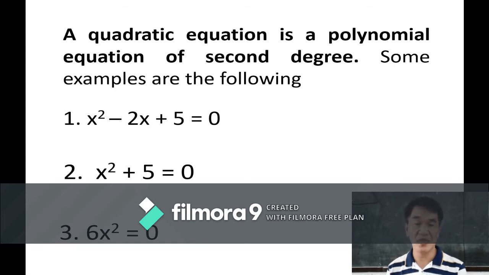So in other words, when you say quadratic equation, it's not necessarily a complete number of terms. It can be 1 term only, 2 terms, 3 terms, for as long as there is the exponent 2, the highest exponent, then that qualifies to be a quadratic equation.